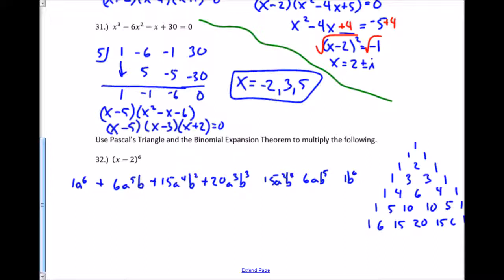And then all I do here is I plug in the a and the b value, which are these, the a and the b. So a is an x, b is a -2, and I just plug these in.